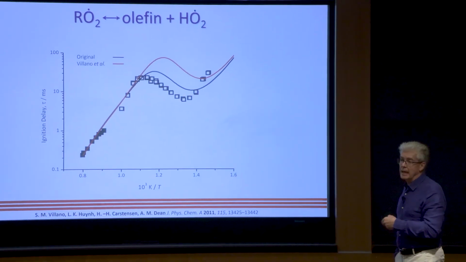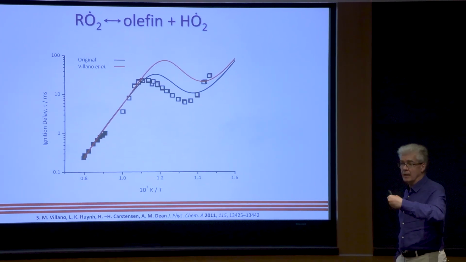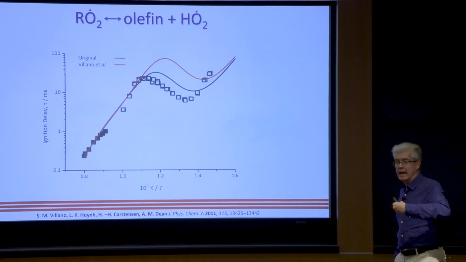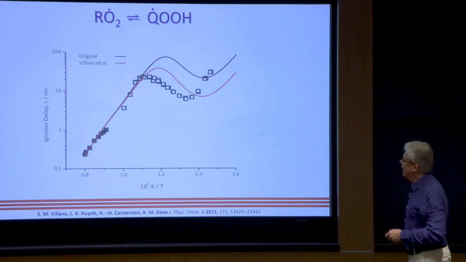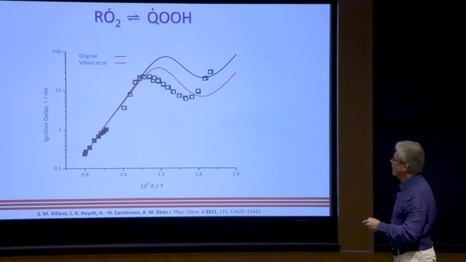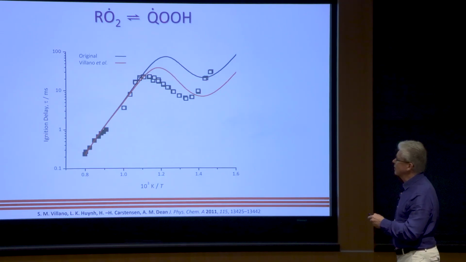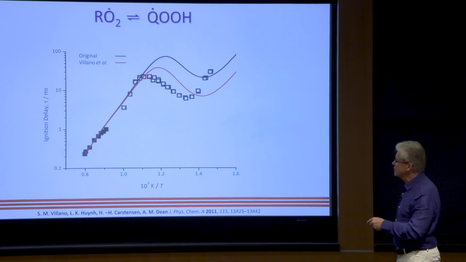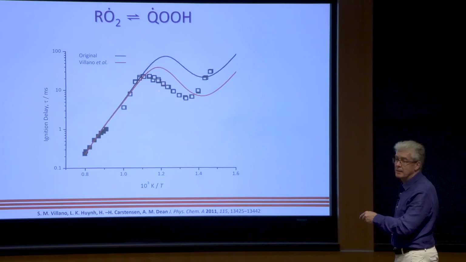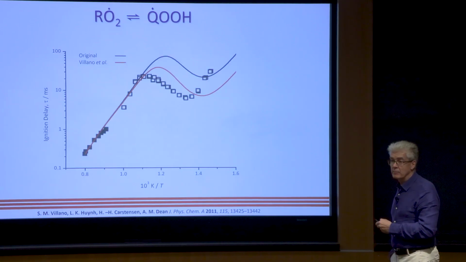That's a propagation, and so there's less RO2 available to go to QOH, add to O2 and go to chain branching. Then when we added the RO2 isomerizing to QOH, it sped things up considerably, right? Now it's again approaching the experimental data in the NTC region, but now it's too fast at lower temperatures.